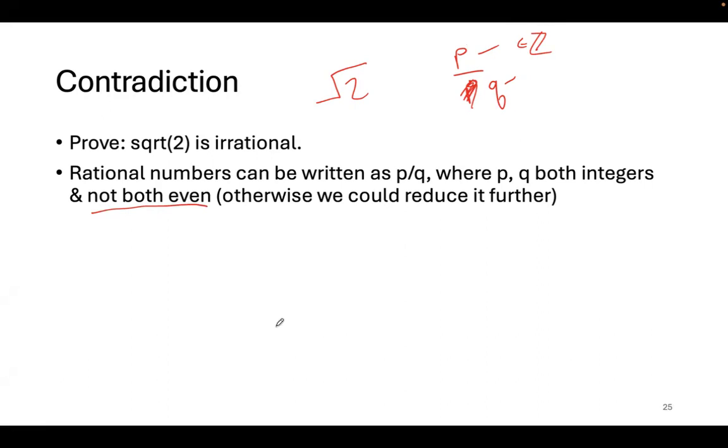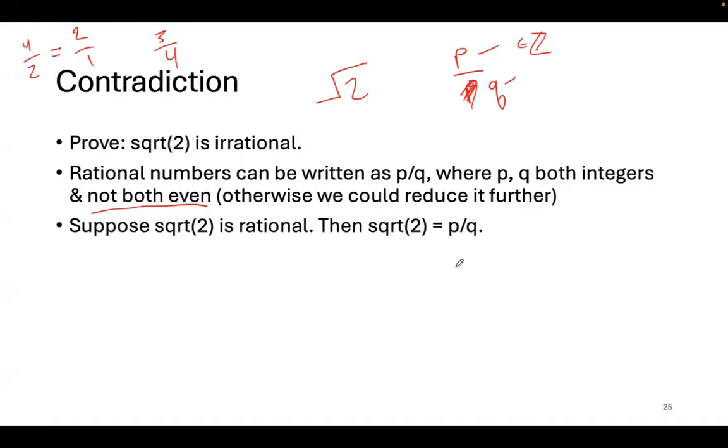Not both even is important because if we had 4 over 2, we can reduce that, right? That reduces, in fraction form, to 2 over 1. But if we have something like 3 over 4, we can't reduce that further because there's no common factors. So we just assume that they're not both even.